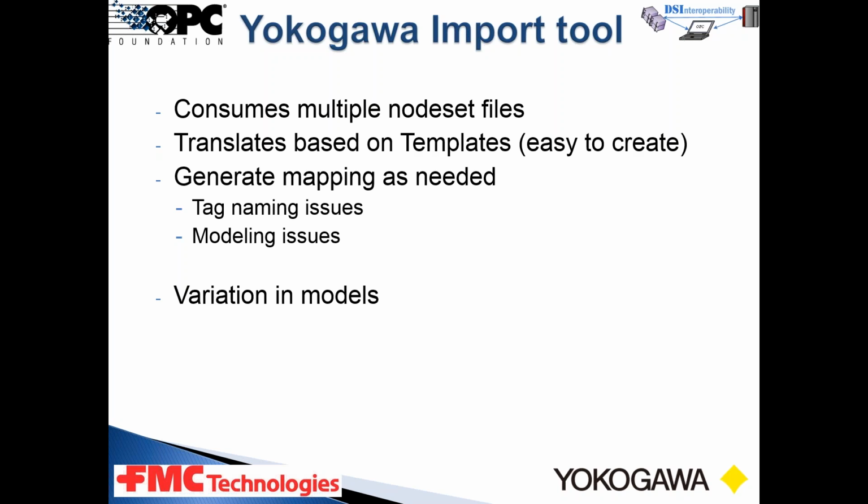What they would typically do is subtype the standard model and create their own model, like an FMC valve. So from the Yokogawa side, we modify the template to support the new extensions created by FMC, and then we can directly communicate with the extended objects.